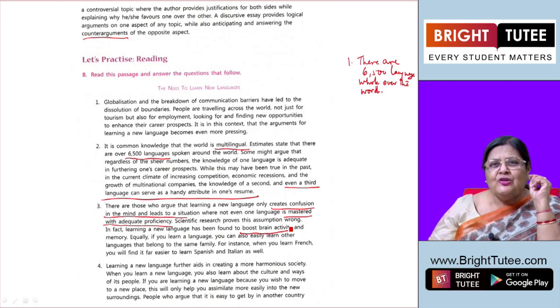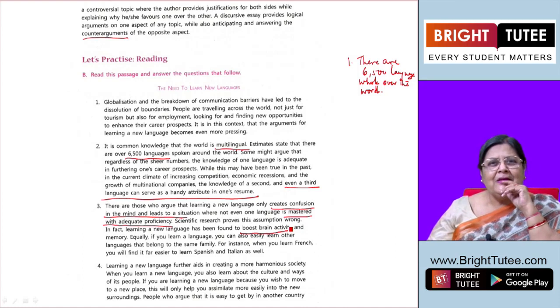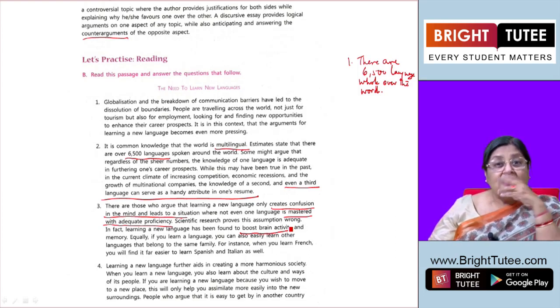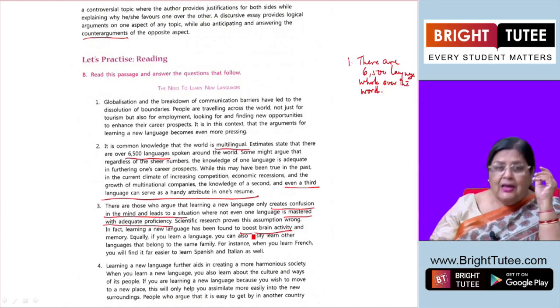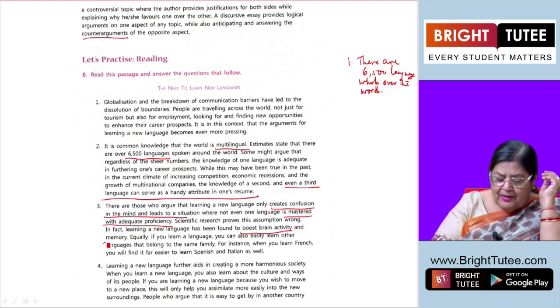The study has also shown that if you teach a child from 6 months to 6 years four or five languages at a go, the child will learn to speak all the languages, at least two or three lines of each. This research has shown this. So it gives a boost to the brain and memory.